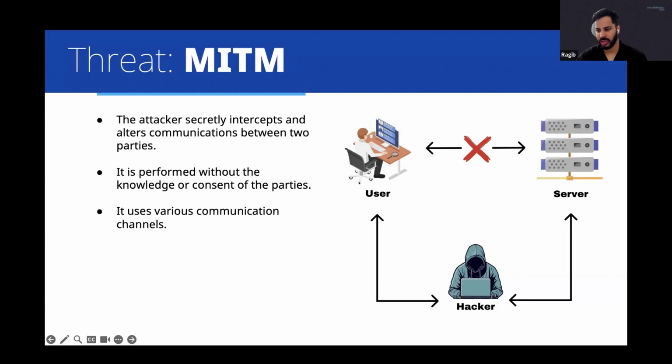You think you're talking directly to your bank, but you're actually talking to the hacker, who then talks to your bank. It's like having somebody intercept your mail: they read it, they may change it, and they forward it on. You might be transferring money from one account to another and not even know it. You might just be paying the hacker's bank account.